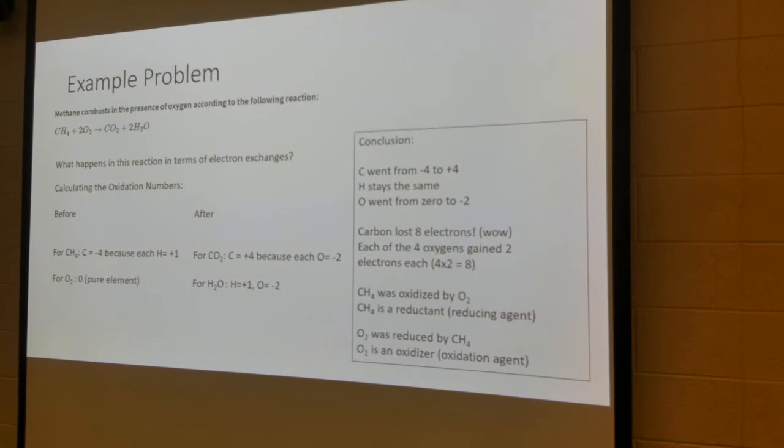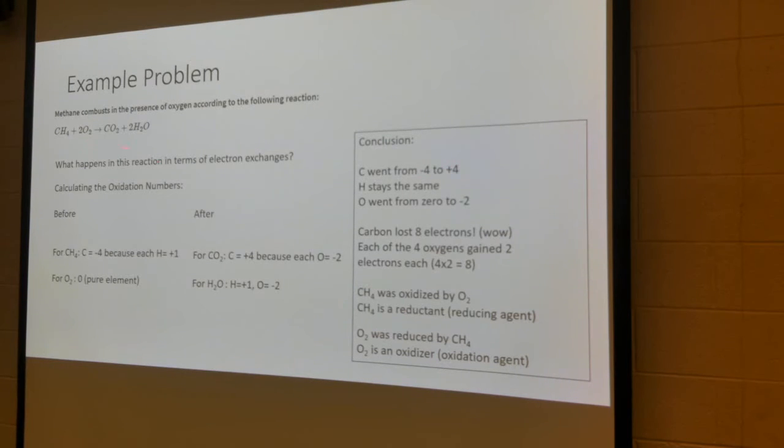And then we have that the methane was oxidized because its oxidation number increased. So the methane was oxidized by O2, which means that methane is the reducing agent, because by being oxidized, it's promoting the reduction of the other one.